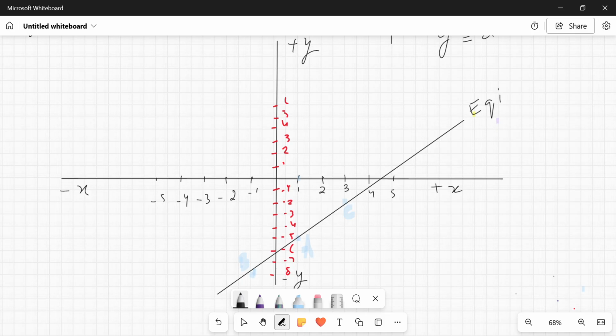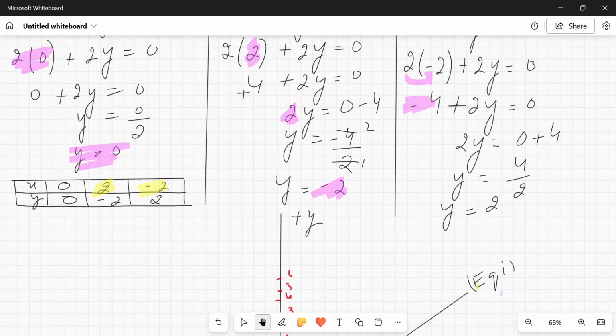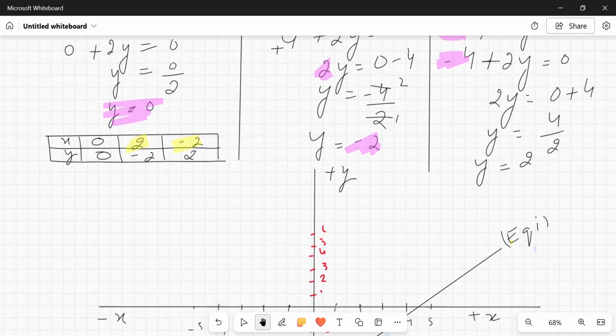So just write down here equation 1. Now, equation 2. For equation 2, the values are x is 0 and y is 0.